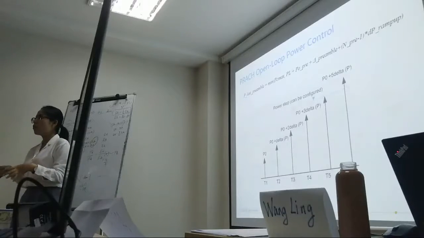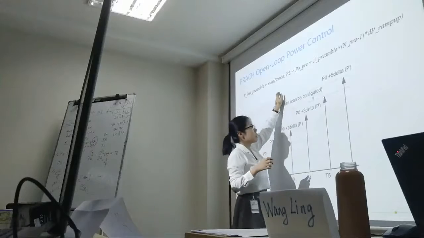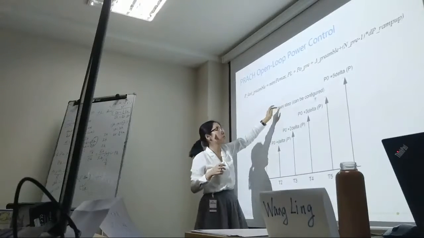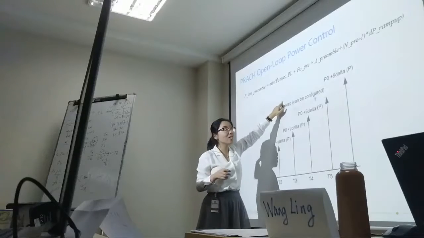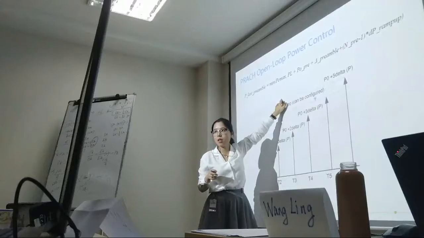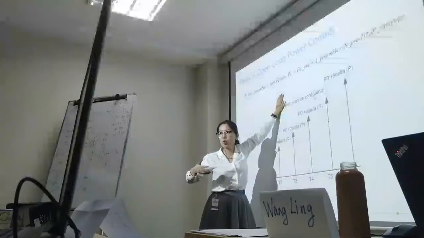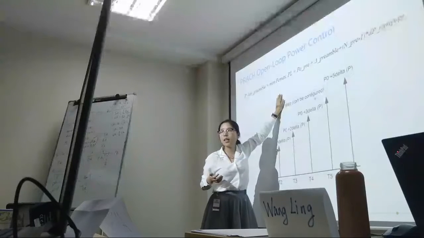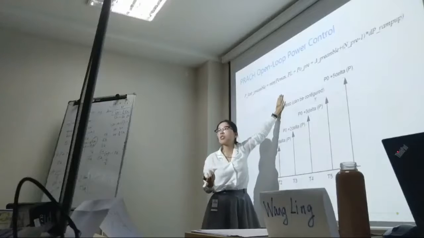The calculated value cannot exceed the PCMAX. That means when the PCMAX is less than the calculated value, the UE only uses the PCMAX. If we calculate that I should transmit at 25, but the network configures me to use 23, I cannot use 25.